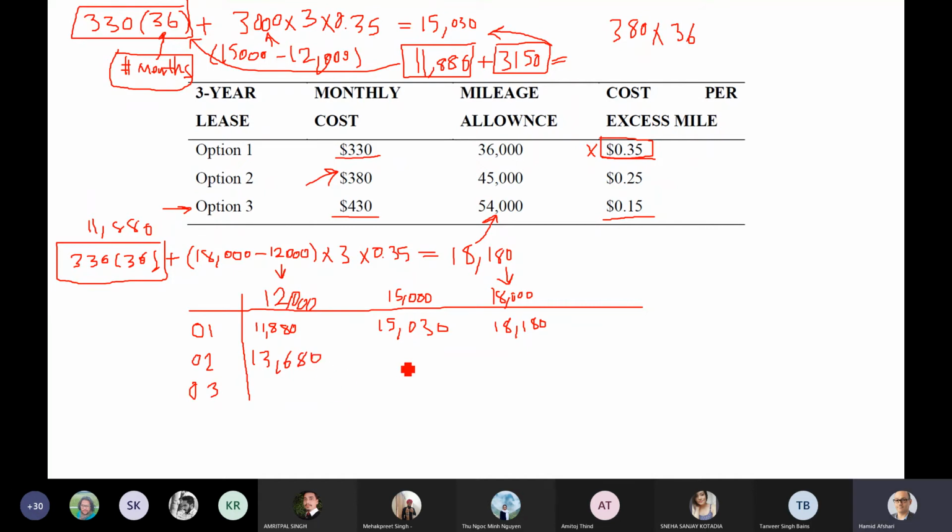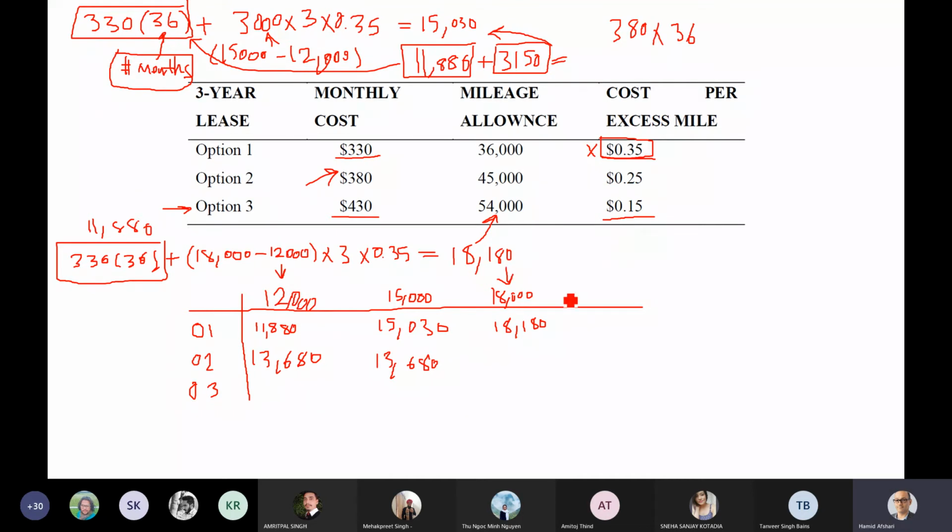And then for the middle one here, we should have the same thing. Nothing is changing. Is it correct? Because I'm not going to pay any excessive cost. 13,680.